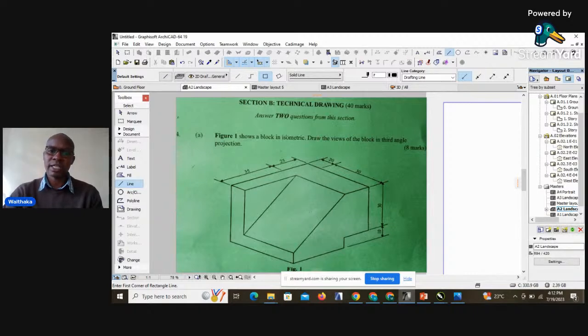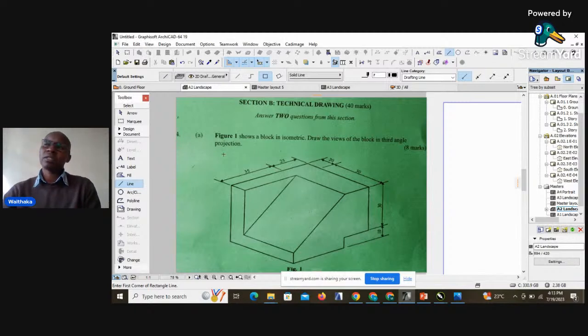That will give us an isometric drawing. So the question is that we've been given a figure in isometric, and now we are required to draw the views of the block in third angle projection.